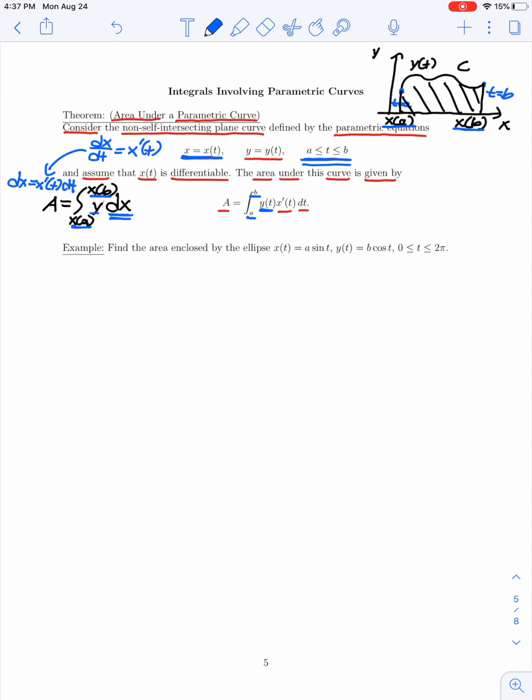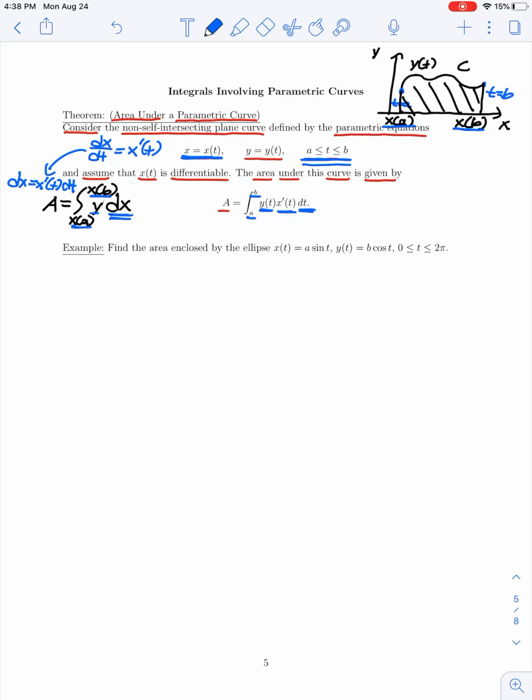Recall the definition of a differential: the differential of x would be the derivative of x times the differential of t. So our dx is replaced by x prime of t dt, and we now are integrating a function of t over some interval of t values, namely from a to b. So this formula makes sense from our formula for the area under the graph of a function.